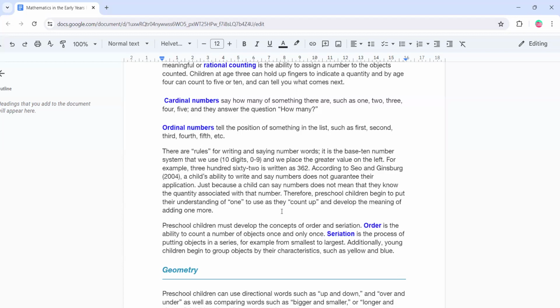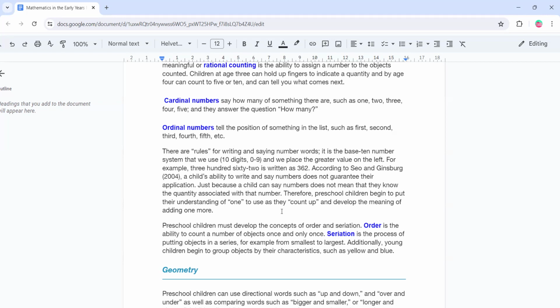Okay, now under this category of numbers, when children are learning and engaging in mathematics, they also develop these concepts of order and seriation. So, what is order and seriation?